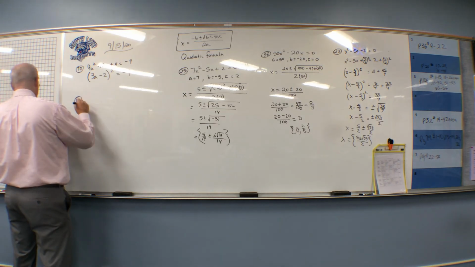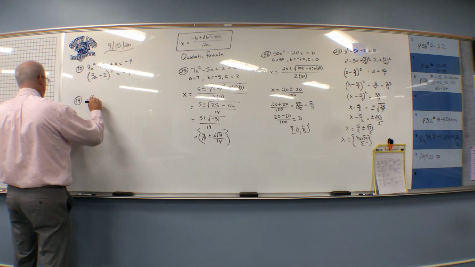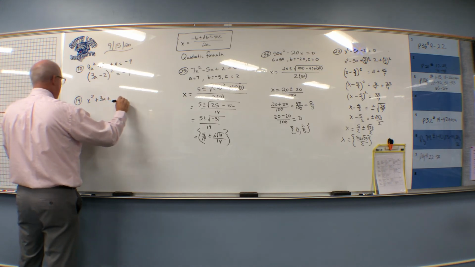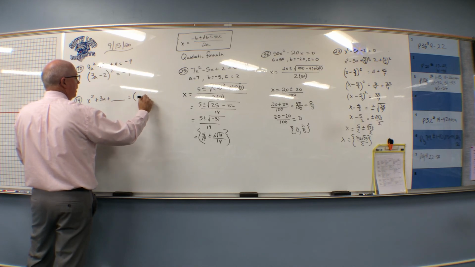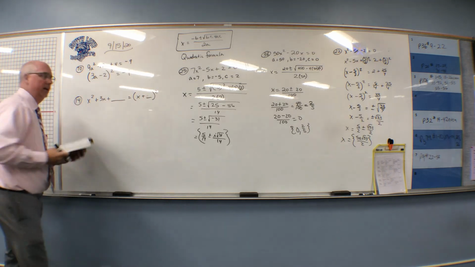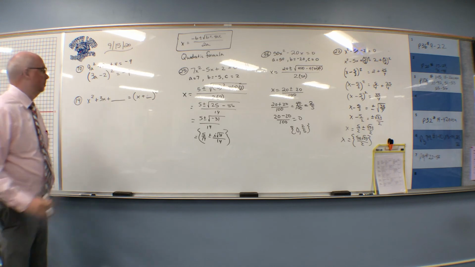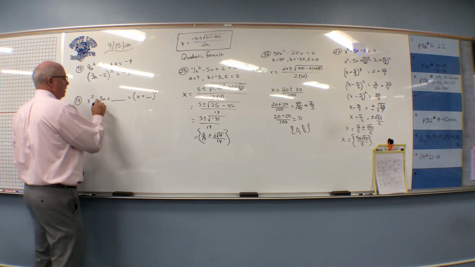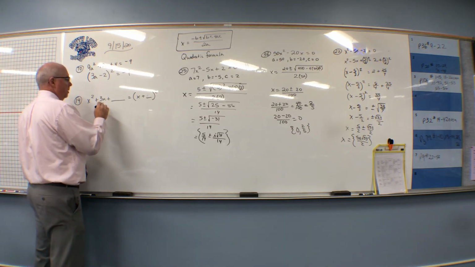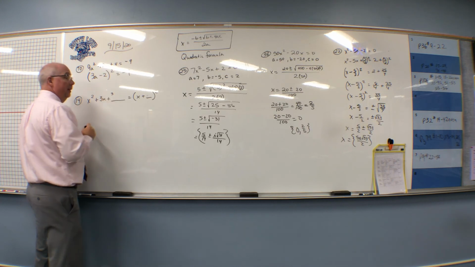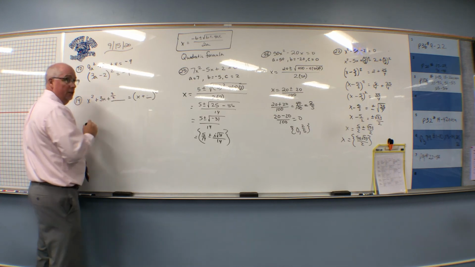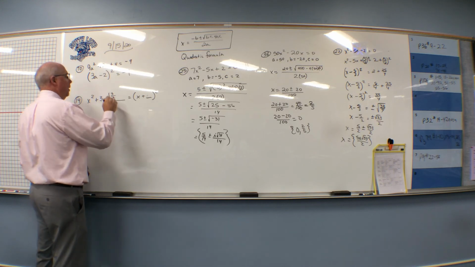14 is x squared plus 3x plus blank equals quantity x plus blank squared. Okay? I was thinking maybe the first one could be 1/2. Well, it's this squared. So this, 3 over 2, because you have to take half of it and square it.